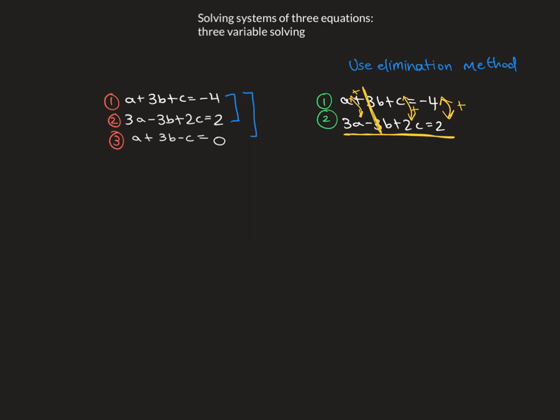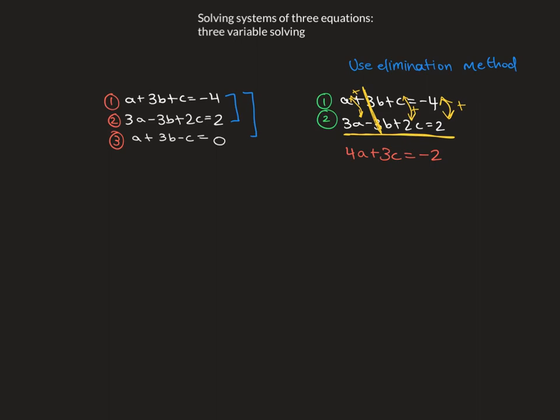We're left with 4a plus 3c, and then minus 4 plus 2 is minus 2. So we're left with 4a plus 3c equals minus 2. As you can tell, we've narrowed it down to two variables.